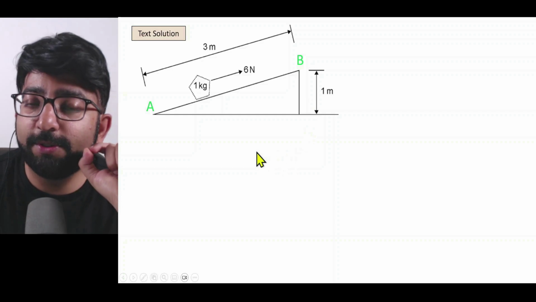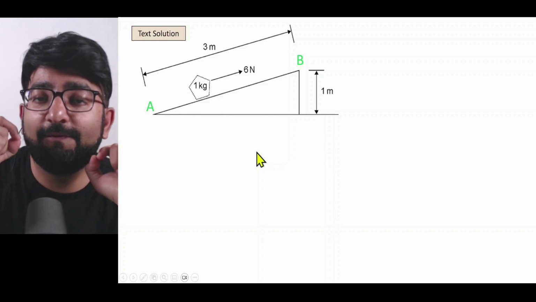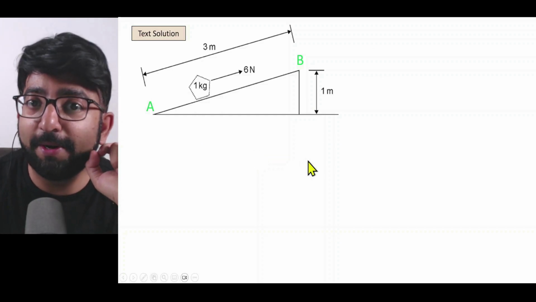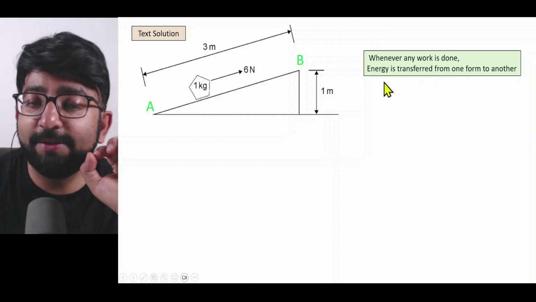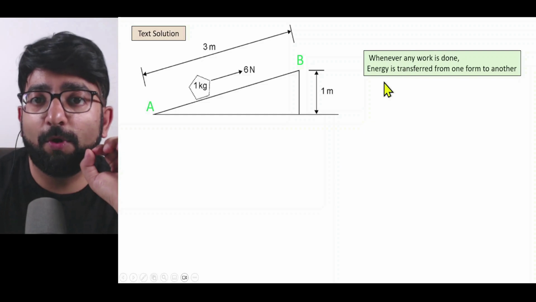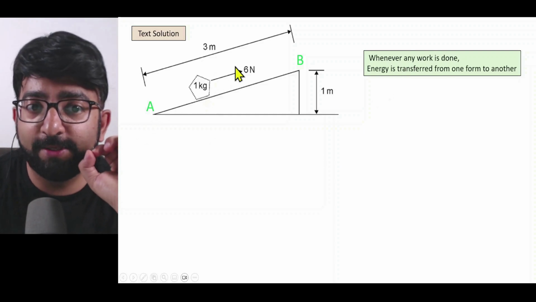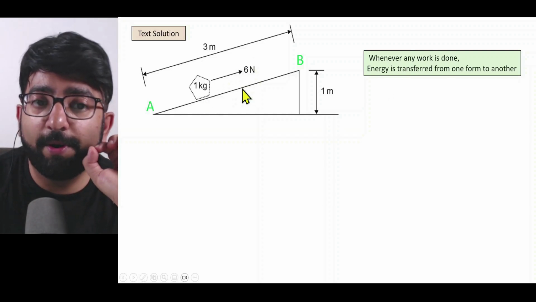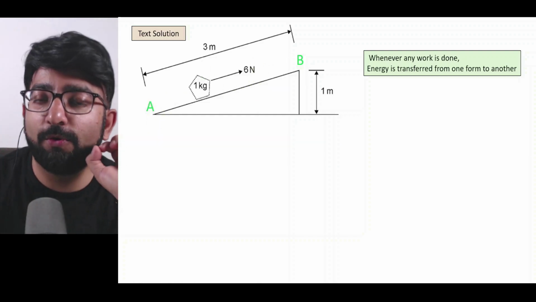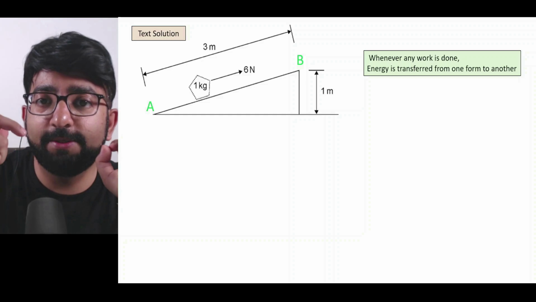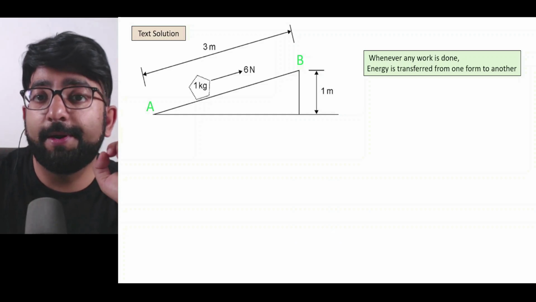So one of the approaches to solve this question is using the work energy conversion. According to that, whenever any sort of work is done, energy is transferred from one form to another. So in this case, if you analyze, this force of 6 newtons is pulling the box from A to B. So this force of 6 newtons is going to do some work, but that work is going to get translated into other energy forms.